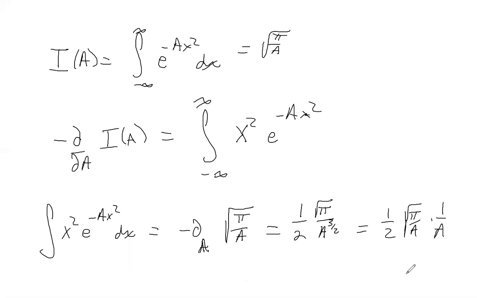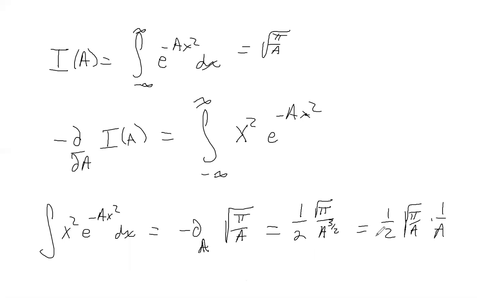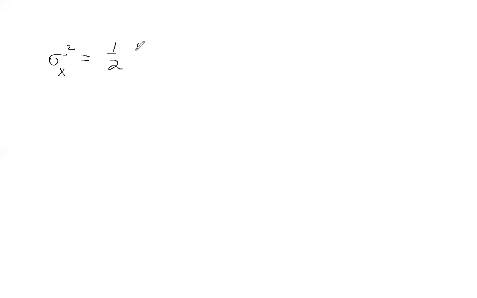And what I get is that for a Gaussian random variable x centered on 0, the standard deviation squared is going to be 1/2 from here. This factor cancels with the normalization constant, and I get 1 over a. Or the standard deviation is 1 over the square root of 2a.